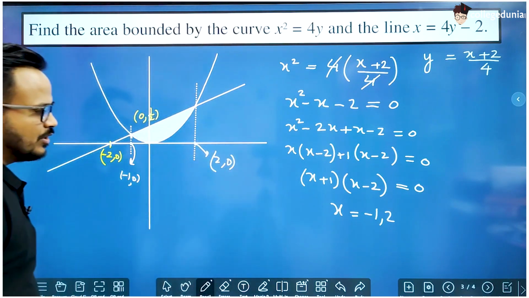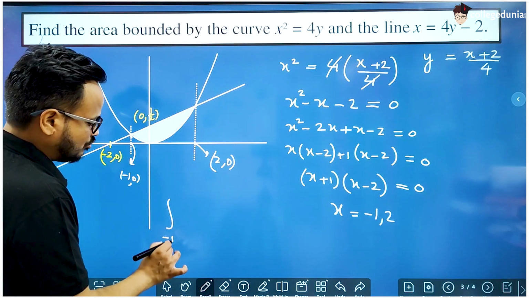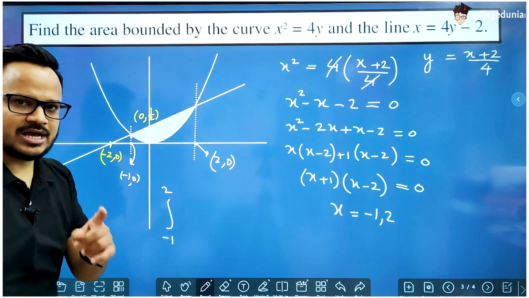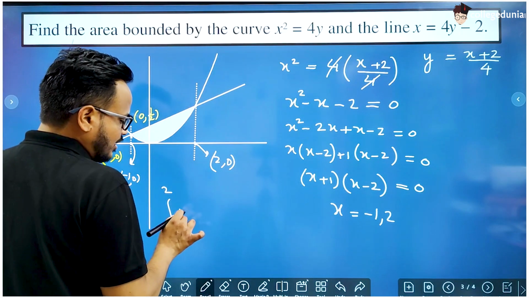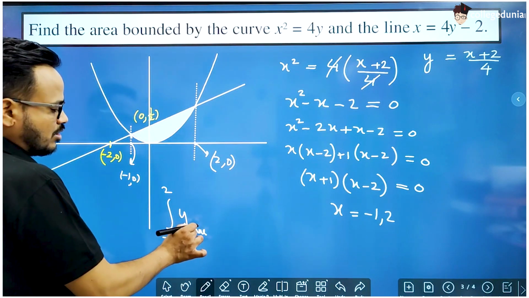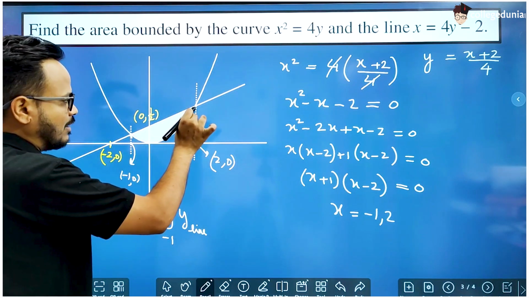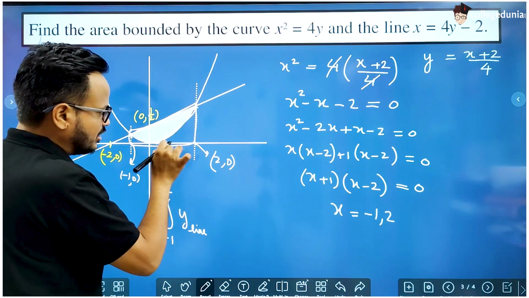So simply we will find the area from -1 to 2, right? We will find the area from -1 to 2. So if I put the y of line from -1 to 2, then I am going to get this whole area, right? This whole area. But I do not need this part.